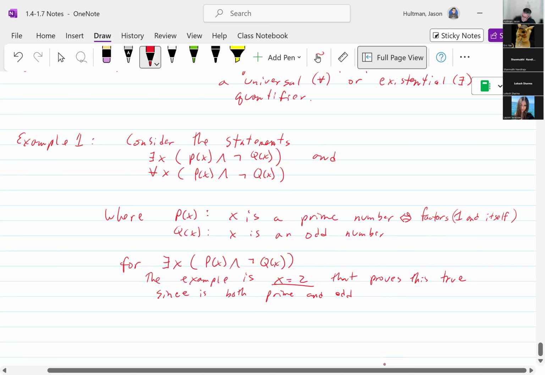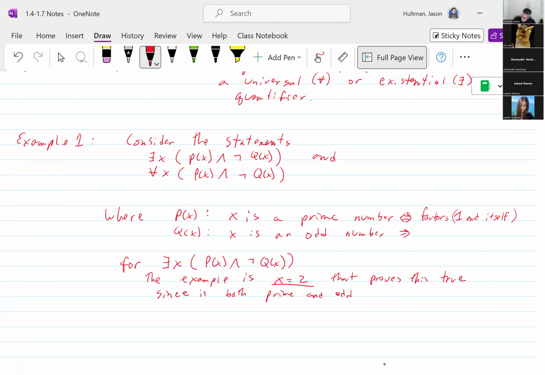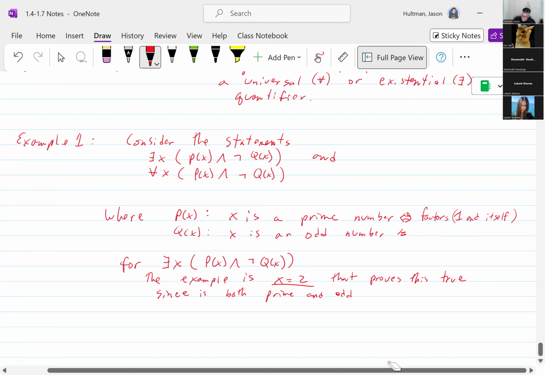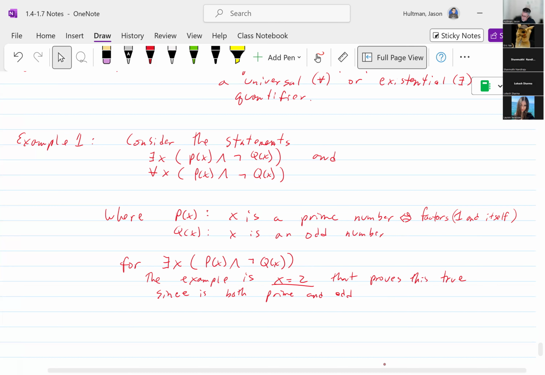Okay, what's an odd number? Intuitively, we kind of know what an odd number is, but what is it? How would you define it mathematically? Something that isn't divisible by 2, or gives a remainder from that. Yeah, because an even number is divisible by 2.